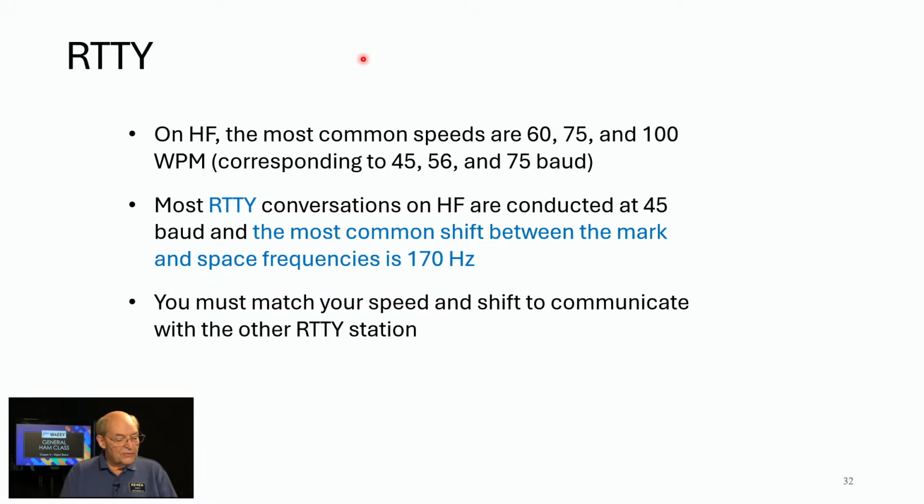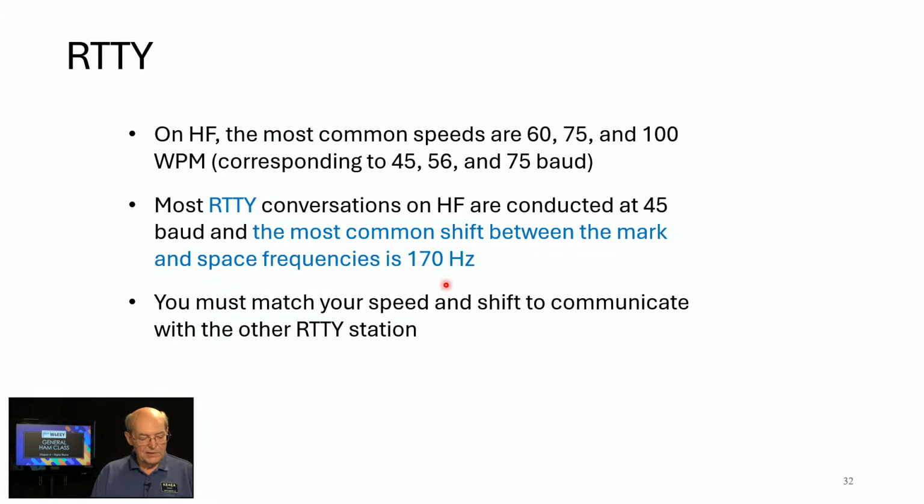Now on an HF radio, there's a number of different speeds that are possible, and these are all set in software, but the most common one used by hams is 45. Common speeds are, in terms of words per minute here, most radio teletype conversations on HF are conducted at 45 baud, and the most common shift between the mark and space frequency is 170 hertz.